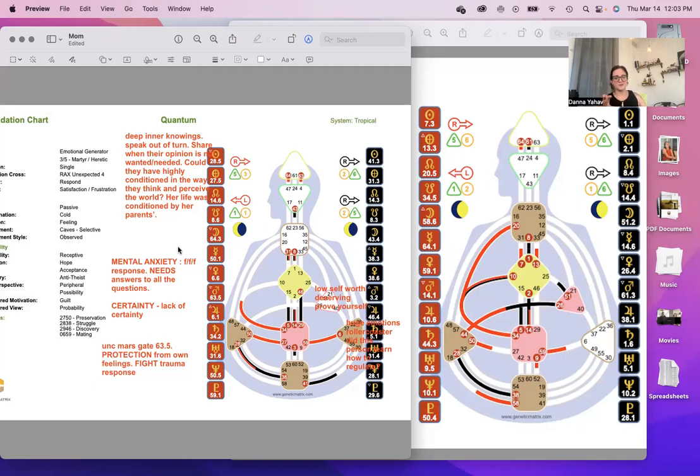So there's a few reasons why I'm really digging this family shadow mapping thing. One of them is we need our traumas validated. We really need our traumas validated, our feelings validated, and to feel like we're understood.